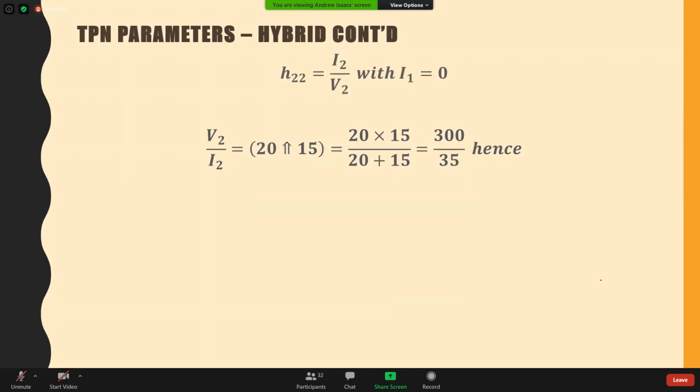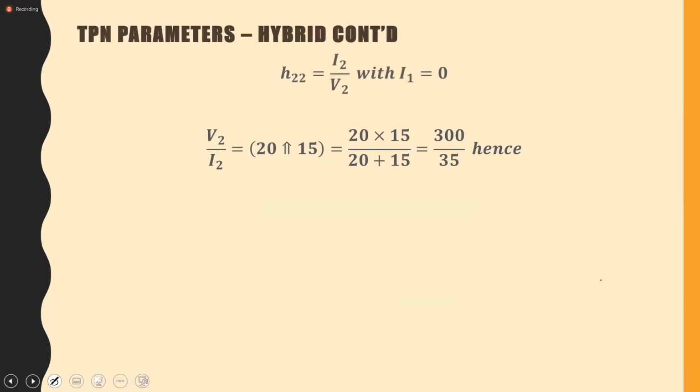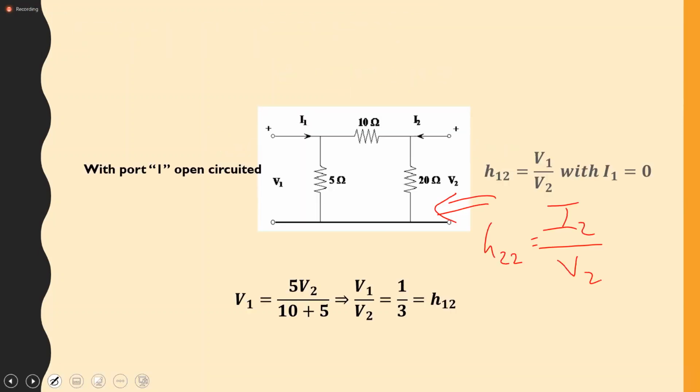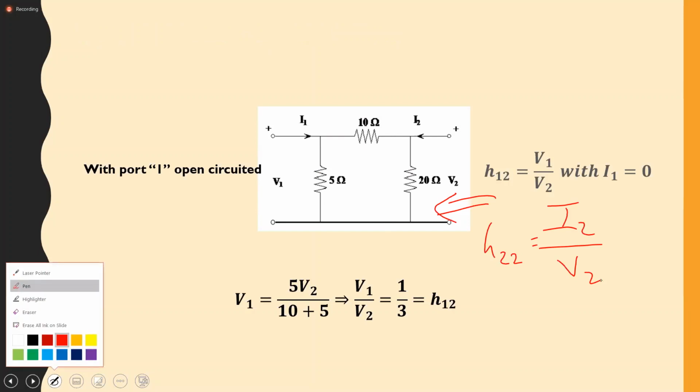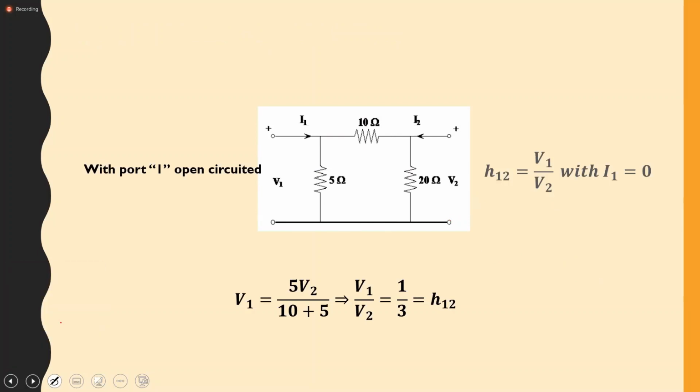So for H22, the 20 in parallel with 15, because we have the 20, and then the 10 and the 5 would be in series.